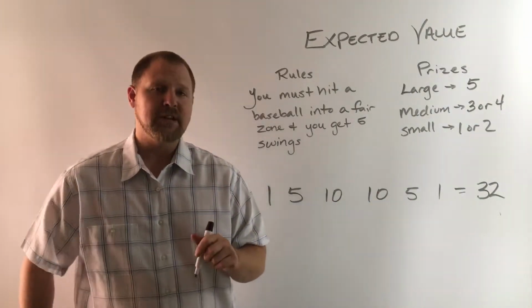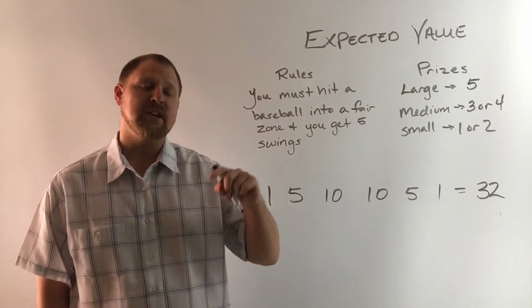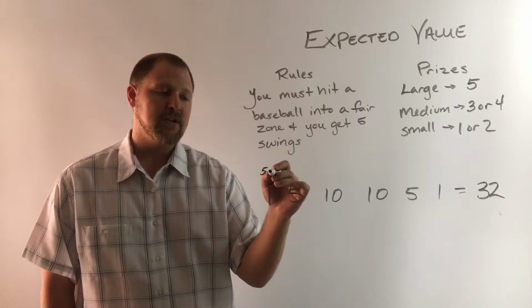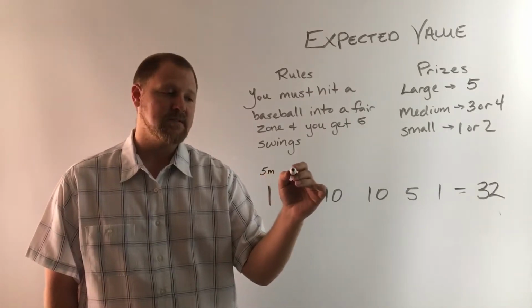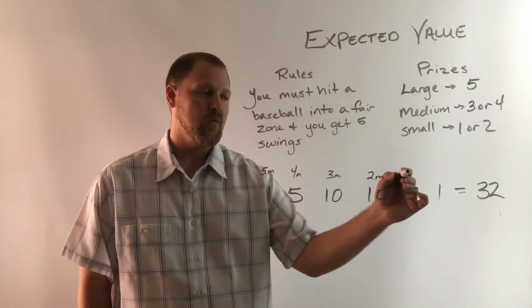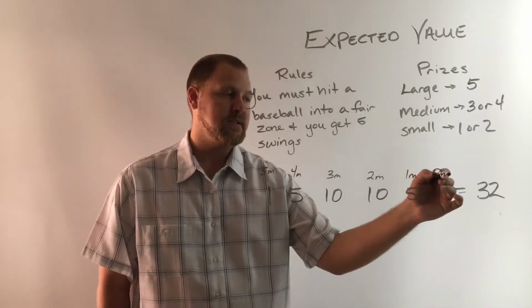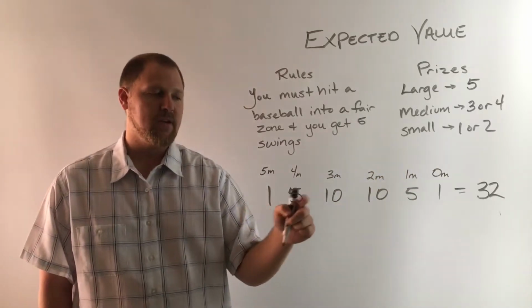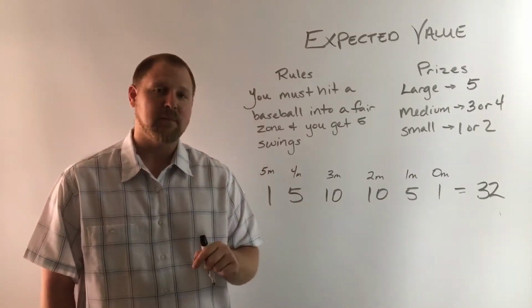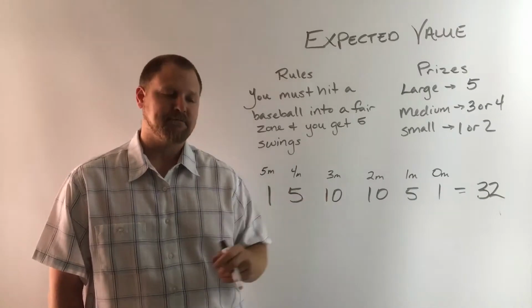And then we need to figure out the probabilities of each and every possible outcome. So if we have 5 fair zone hits, so 5 makes, 4 makes, 3 makes, 2 makes, 1 make, and 0 makes, that gives us the numerator of each fraction in the probability of each potential outcome for a single player.